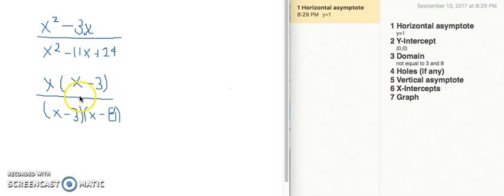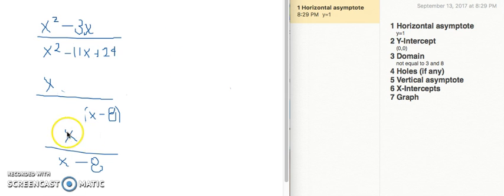Here we see that there are both x minus 3 and x minus 3 in the numerator and denominator. So we are going to erase them from the equation. What we're left with is x over x minus 8.